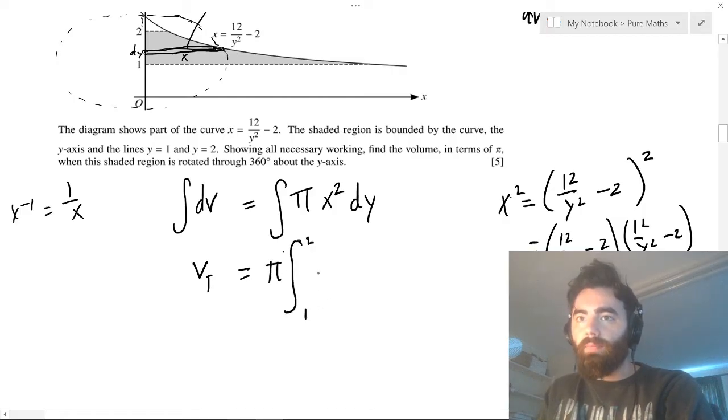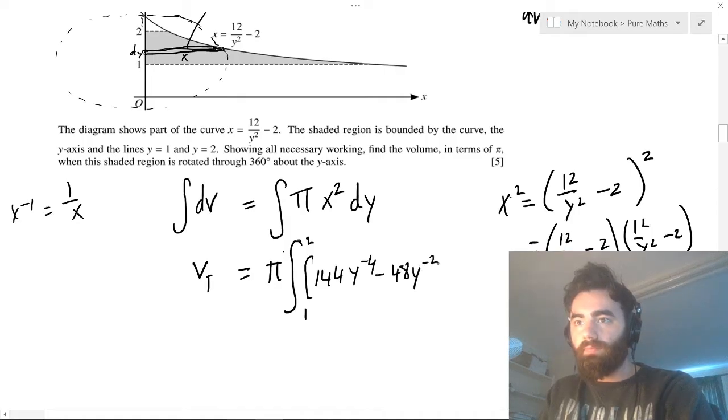So our total volume equals, we can take the pi out because it's a constant, the integral between 1 and 2 of 144 over y to the fourth minus 48 over y squared plus 4 dy. We can write it by bringing the exponents up, because that makes it a lot easier to integrate.